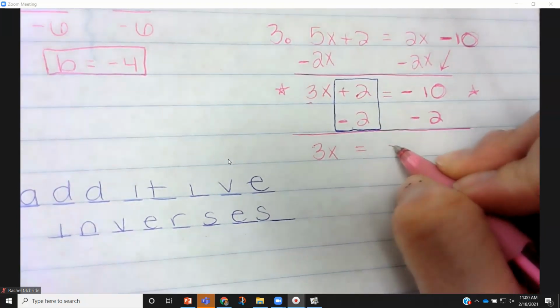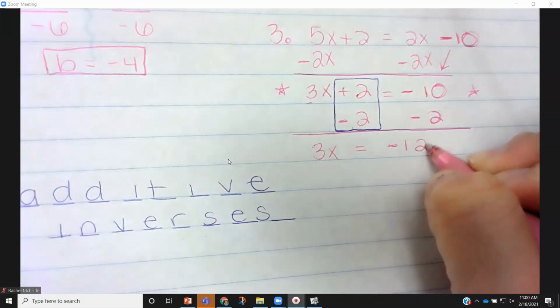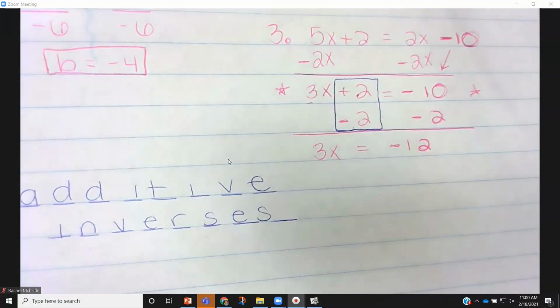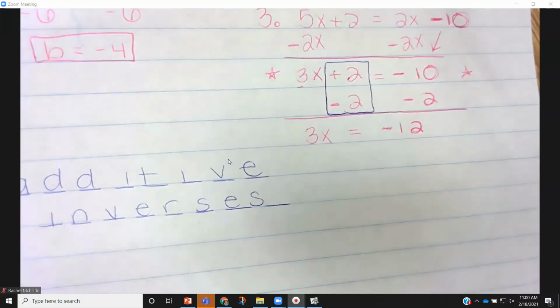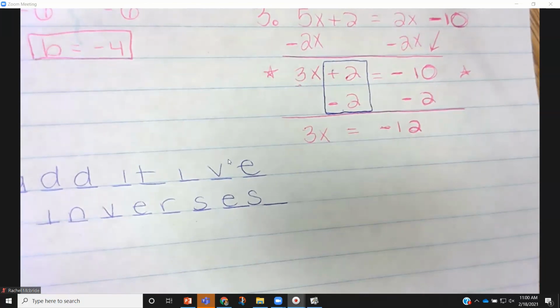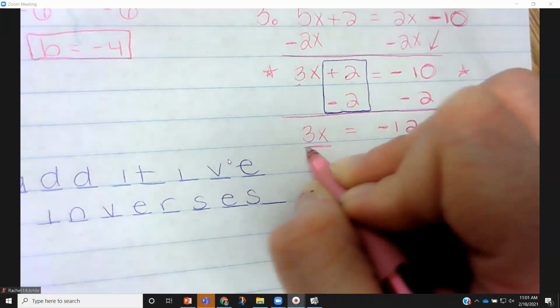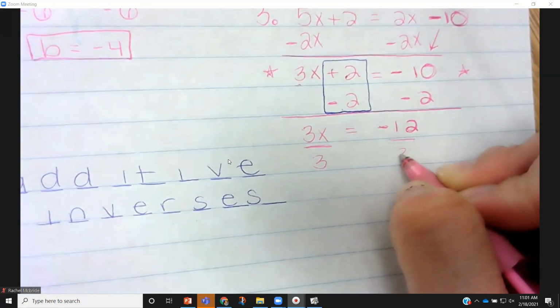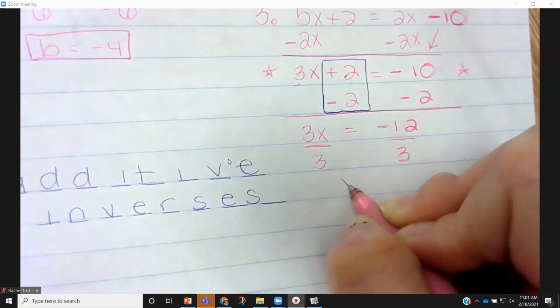And I heard somebody say it, negative 12. Okay, Luke, what's my last step? Good? Perfect.